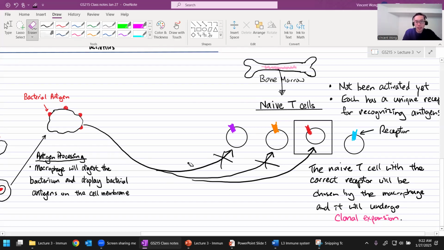And furthermore, this process of presenting the bacterial antigen to these naive T cells, showing it to them and trying to find the right cells to help fight it off, is called antigen presentation.